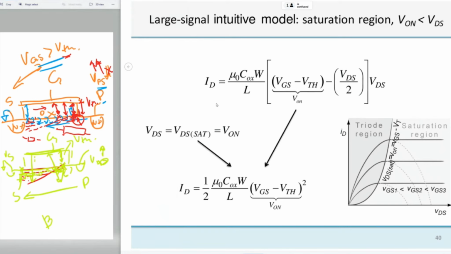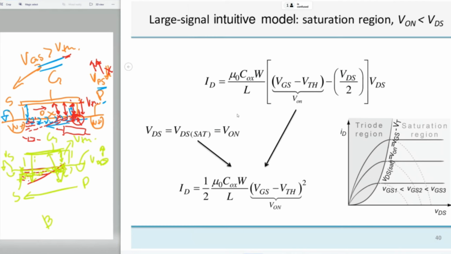So because the channel pinches off, we cannot maintain the channel here. Its resistivity or conductivity also pinches off, and it does not depend very much any further on the drain source voltage. There is the channel length modulation. I know that you know this, and we'll discuss this as a second order effect.